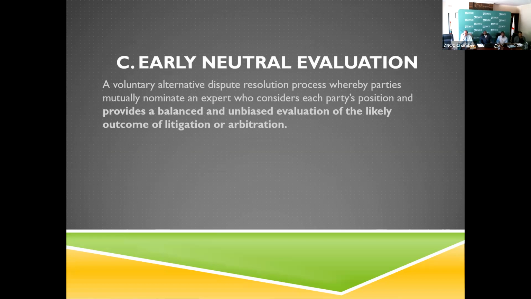Then the other thing is early mutual evaluation. I think that's something that we need to start promoting in Zimbabwe. Like what I was talking about, let's say you've got two parties, you've had your technical report, the other party has had their technical report, but your engineers failed to find common ground to say who is to blame, how do you go forward?